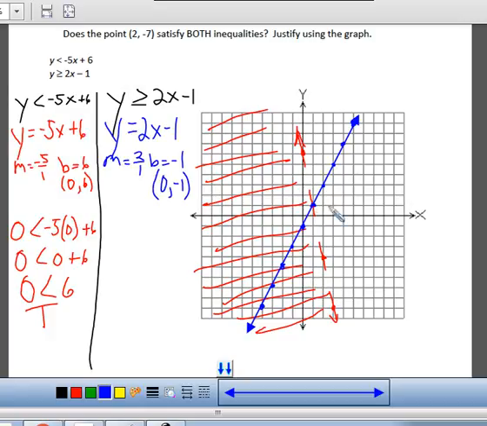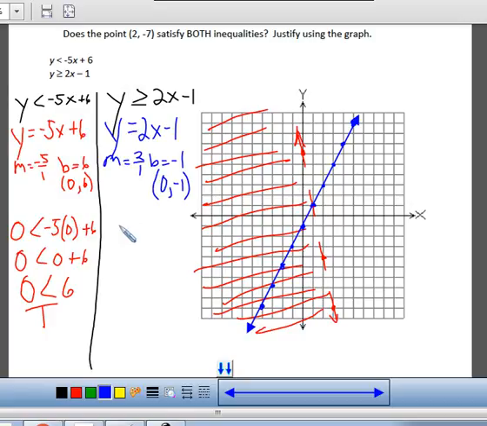Now, unlike a system of linear equations, with a system of linear inequalities we are not going to talk about the point of intersection. That is not how it works with inequalities. I am going to check the point 0, 0 again, so I can see which way to shade, and then I'll talk about where the solution is.